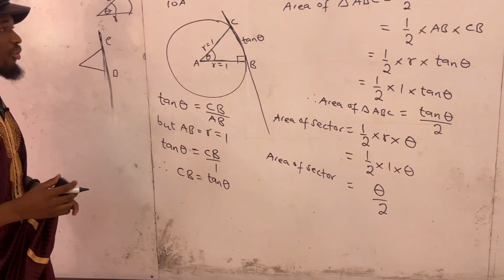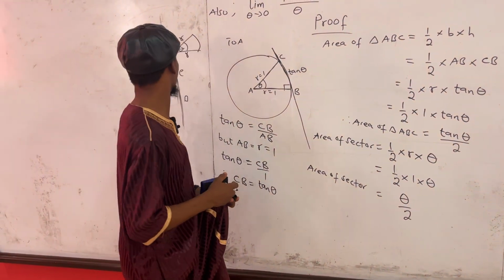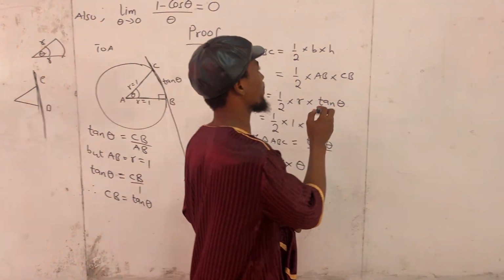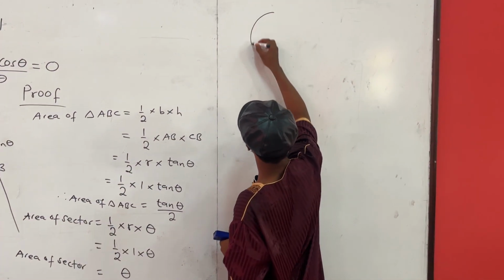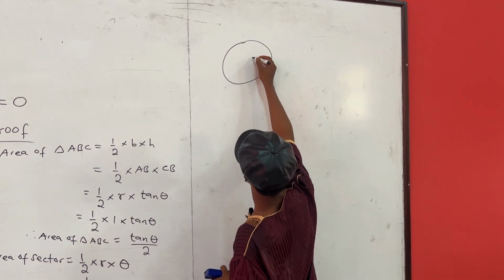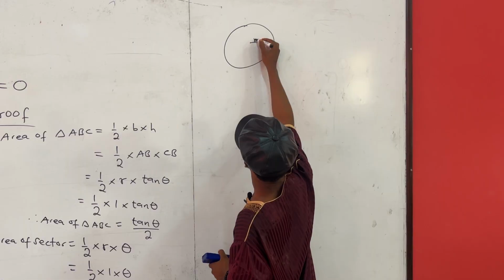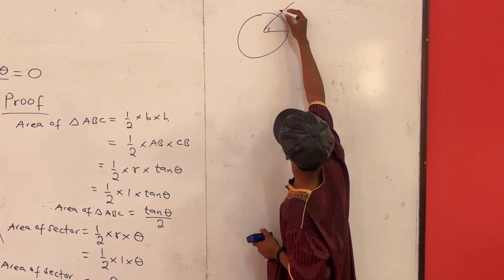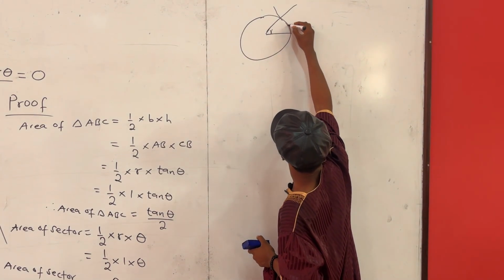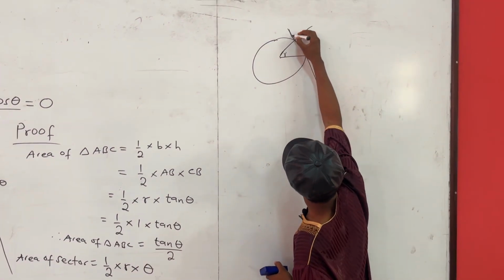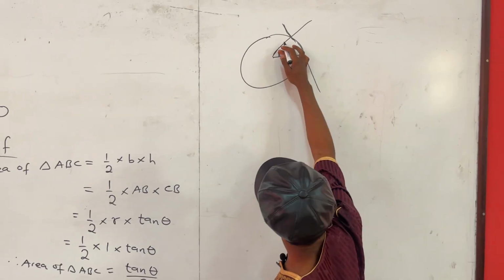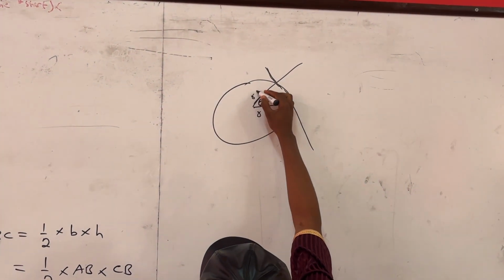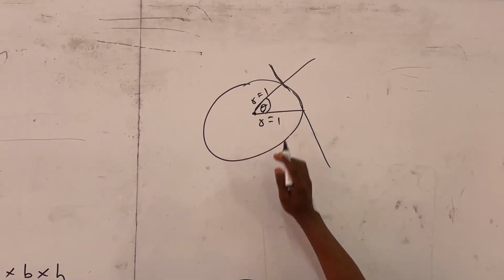So viewers, for want of space, let me come here, the same diagram. We said we have a circle with radius R this way, and this is our tangent, right? This is theta, R equals 1. This is our center.